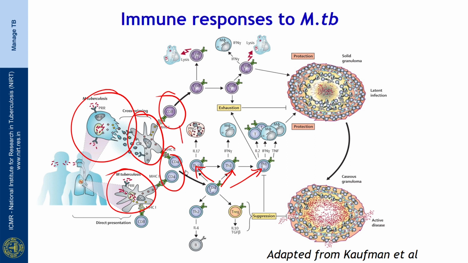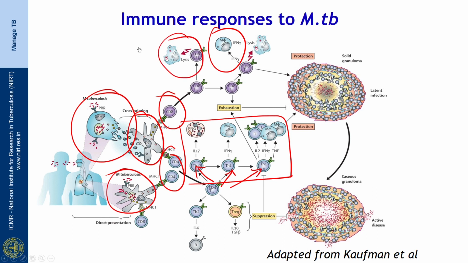So all these components of the CD4 T cell arm, as well as the ability of CD8 T cells to produce cytokines or to lyse target cells, all basically result in a protective immune response with the formation of a solid granuloma and the establishment of latent infection.